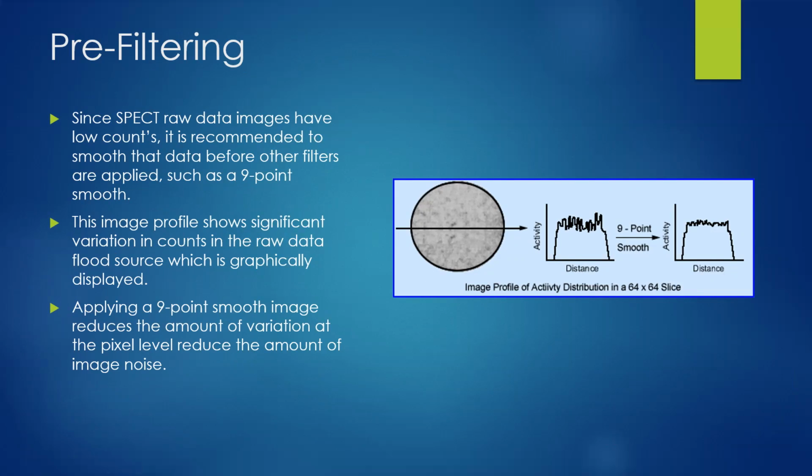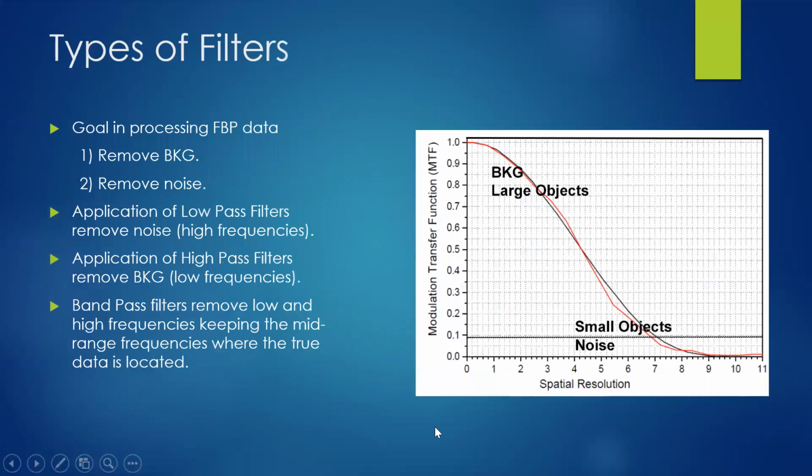If I apply a 9-point smooth filter to this, where it takes the center pixel and averages all 9 pixels, including the center, to one actual value, and does that for each pixel, you're going to get something that looks more like this after the 9-point smooth has been applied. That also will reduce a little bit of noise, a little bit of variation going on.